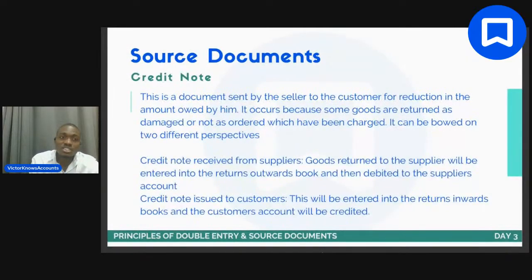All right. Now, what's the third one? Credit note. In my experience, credit note and debit note have been the most confusing source documents that I've ever come across. You see students saying, what's credit note again? What's debit note again? It is very, very confusing.